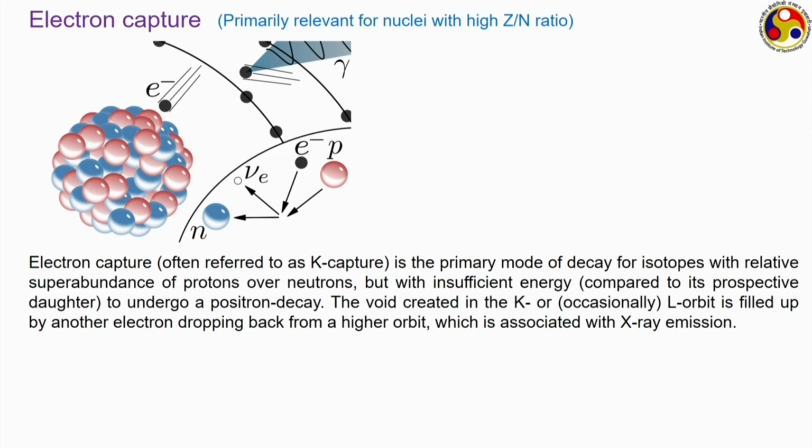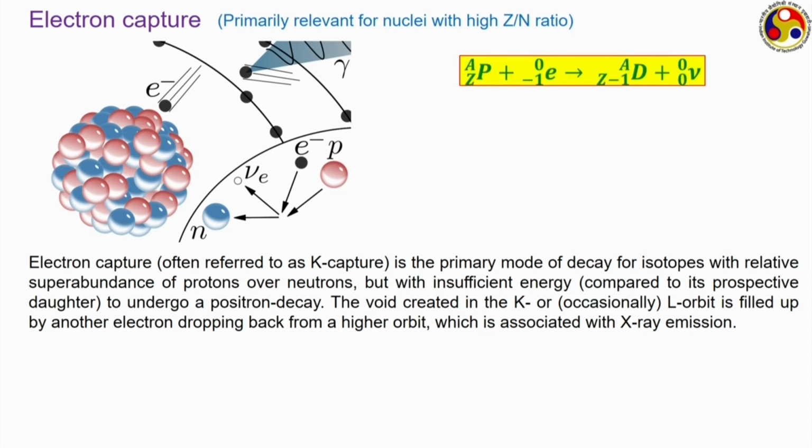Then it captures one electron from the nearest orbit. One of the electrons from the orbit, generally the K shell, sometimes the L shell, is dragged back to the nucleus, and now that electron combines with one of the protons present inside the nucleus, leading to the formation of one neutron and also one neutrino.